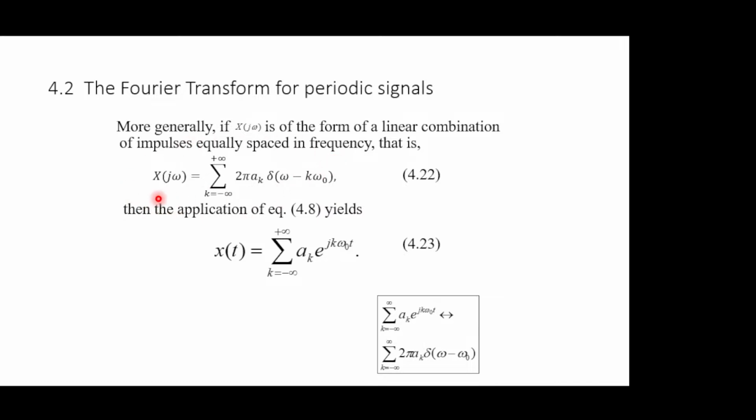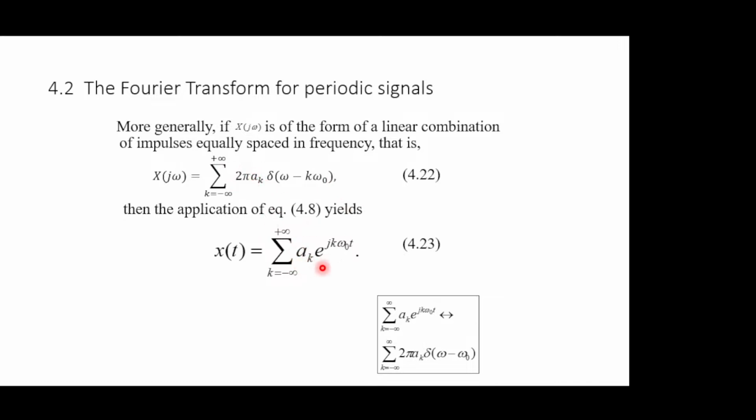So if your big X of j omega is a linear combination of a whole bunch of delta functions with different coefficients a k, placed at points k omega naught, with k from minus infinity to plus infinity, then because the Fourier transform has the linearity property, your x of t will be the corresponding linear combination.